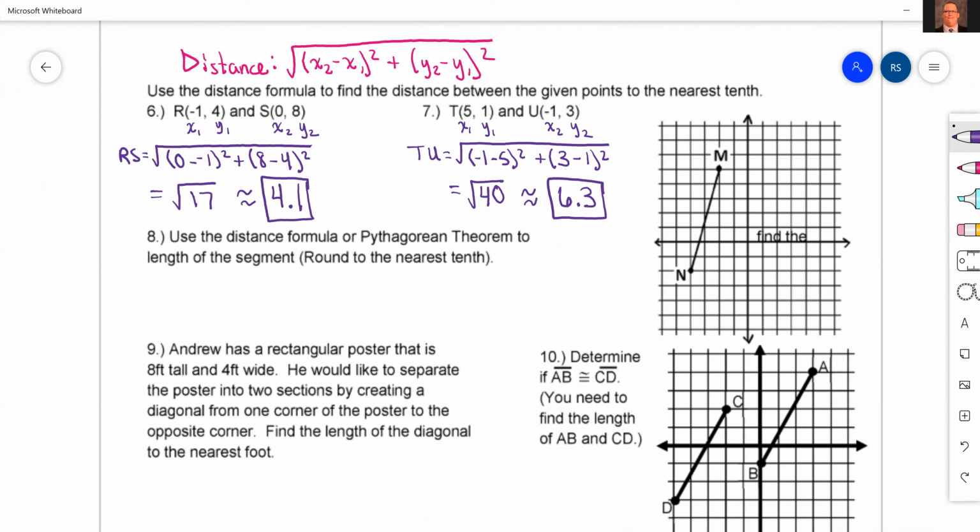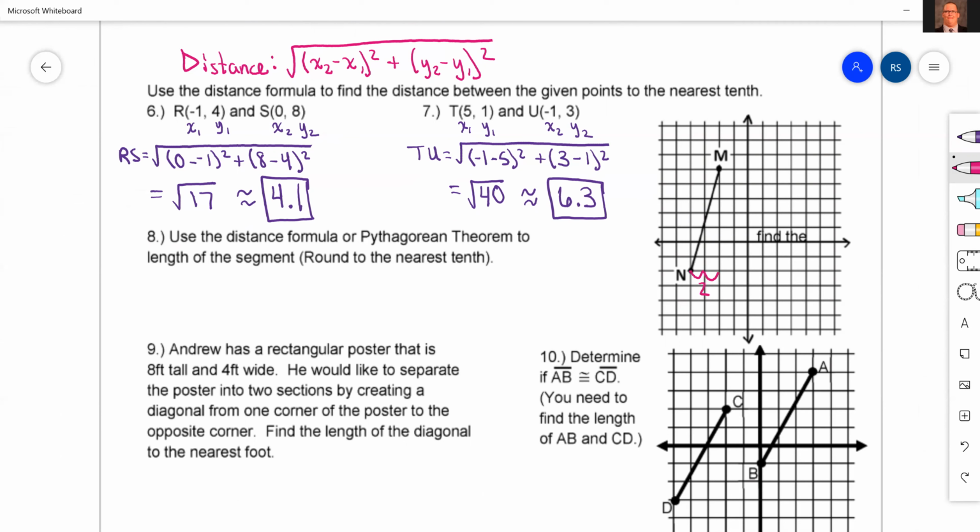Okay, 8 asks us to use the distance formula or the Pythagorean theorem to find the length of segment MN on our graph here. So let's see, I'm going to do Pythagorean theorem because they give me a graph, which makes it easy. So let's see, how many did I have to go over? 1, 2.